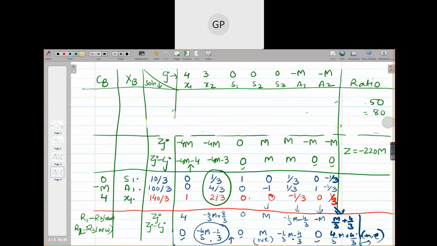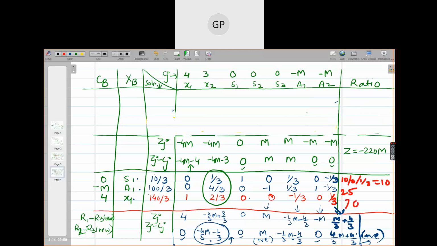रेशो करना है आपको अभी. रेशो इवेल्युएट किया क्या? What is the ratio? 10/3 upon 1/3, that is 10, 25 and 70.